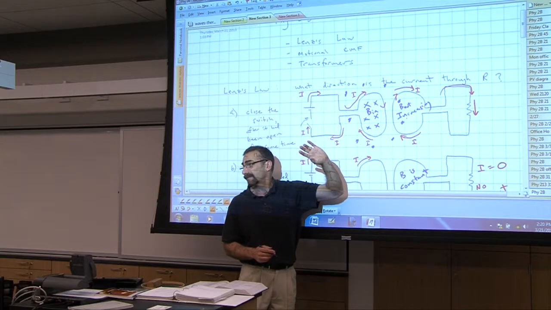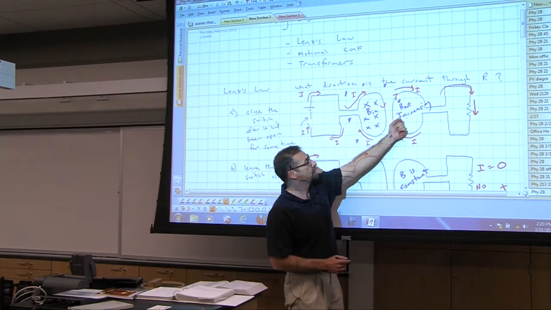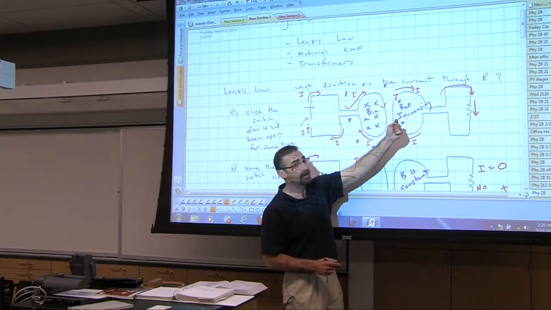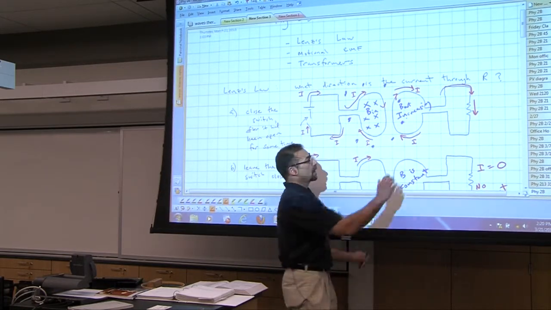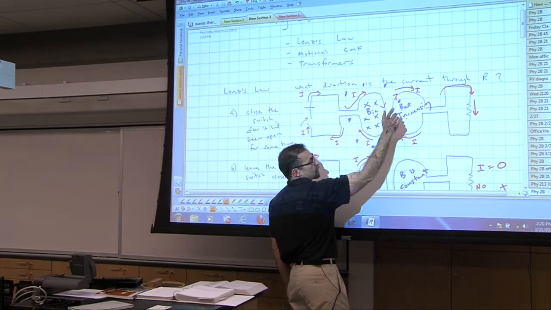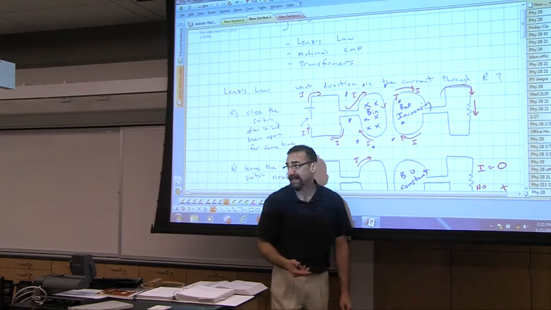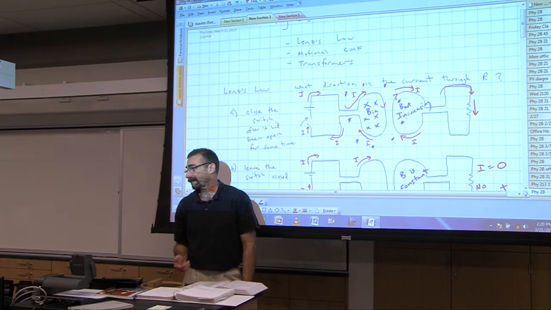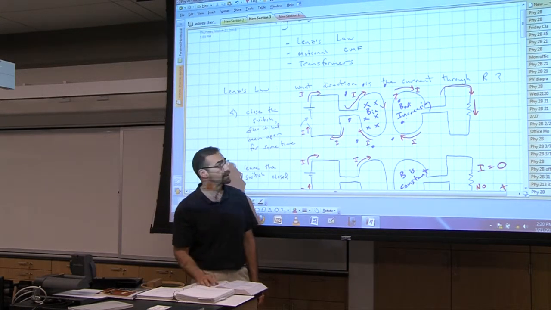Good. So this loop had no flux a second ago. Now it has a flux coming out. So a current gets set up with its own flux in to counteract that change. It always has to oppose the change.